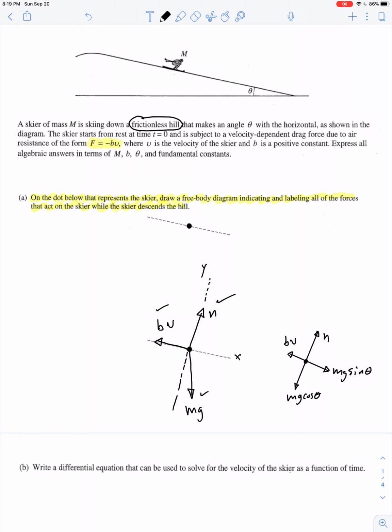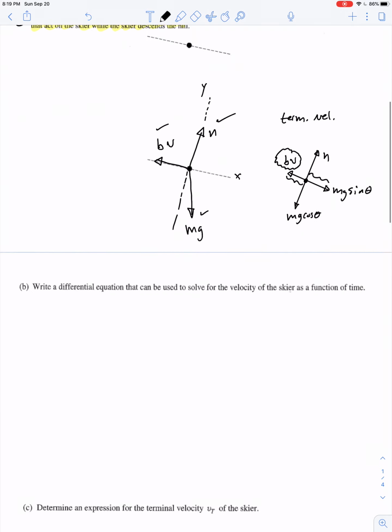And BV. As long as mg sine theta is greater in magnitude than BV, then there'll be acceleration in the forward direction. But I'm going to assume at some point this force BV will grow to be as large as mg sine theta, and at that point the skier will have reached terminal velocity. Okay, so we're done with part A.